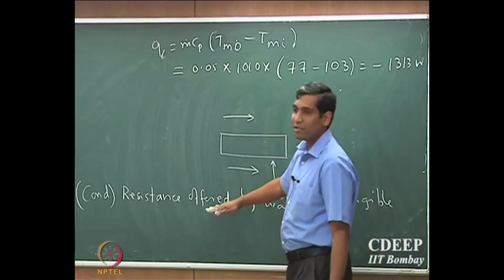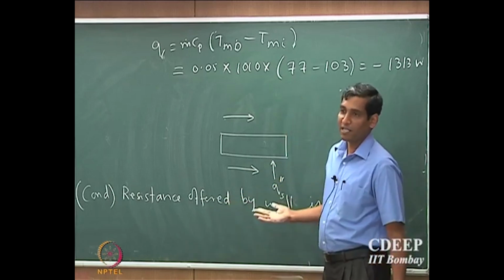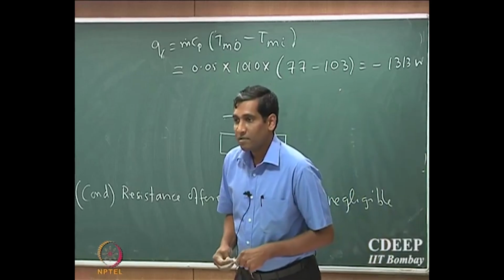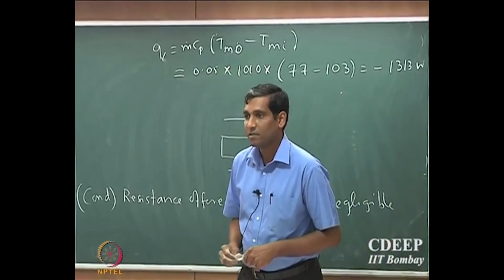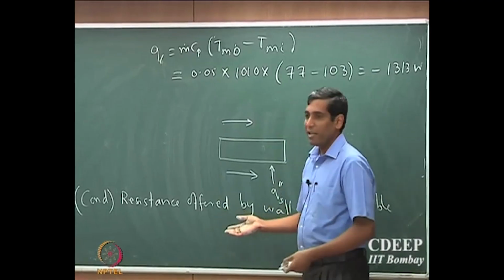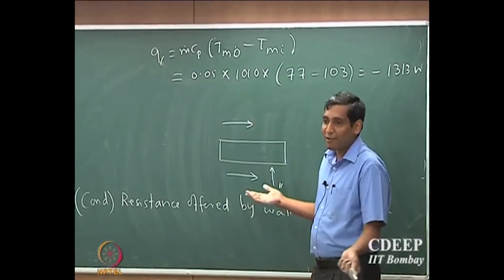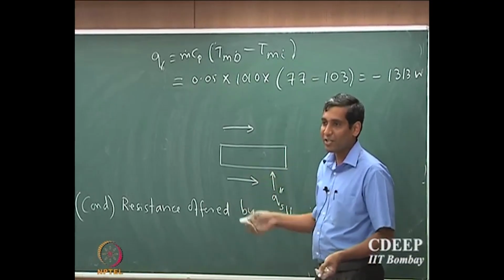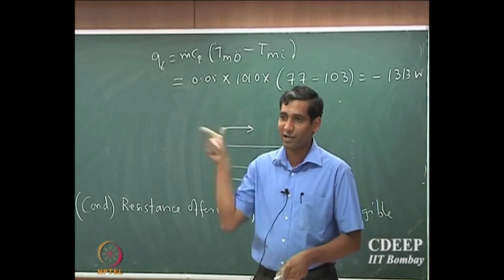Therefore, the conduction resistance may not be that significant compared to the convection. It will be the same; it just makes your calculations easy. You can always include conduction, it's not a big deal. It's just sticking one more extra resistance in.